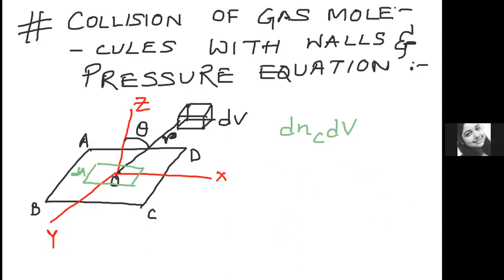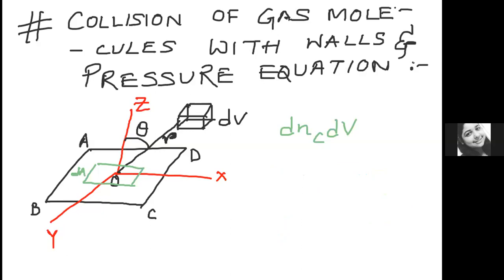So what did I say just now? That we are going to find out the number of molecules that would move towards the area dA, determined by the solid angle subtended by dA at the center of dV.